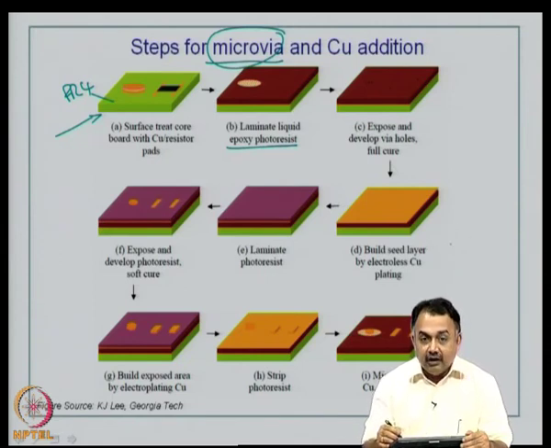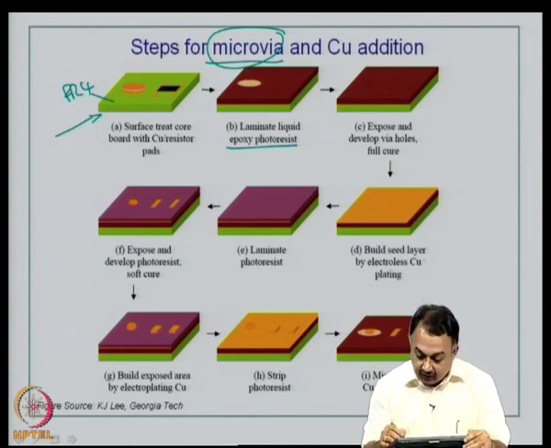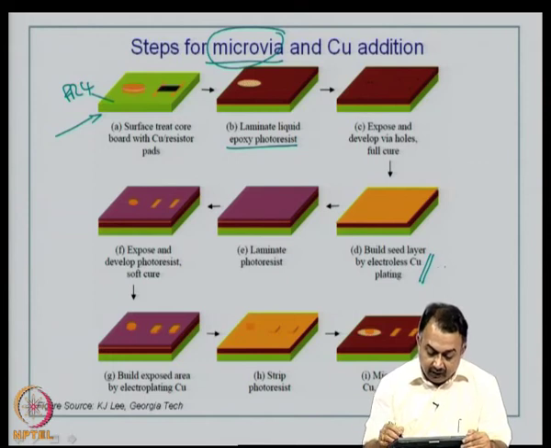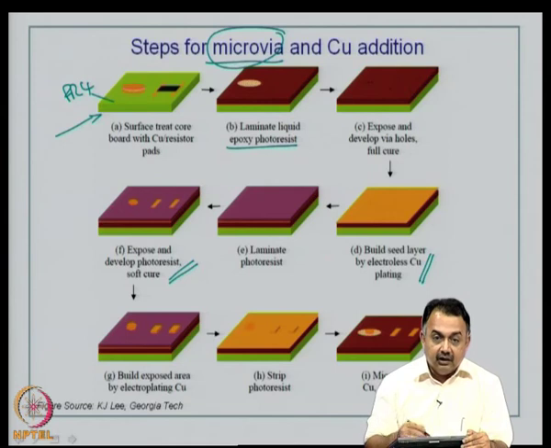interconnect these via holes or make them conductive by means of first electroless copper plating, okay, then laminating again the photoresist, exposing and developing the photoresist with a soft cure process. Then finally, you can build the thickness of copper by using electroplating copper.